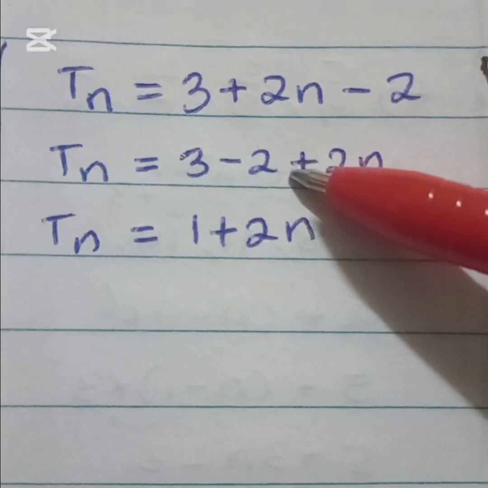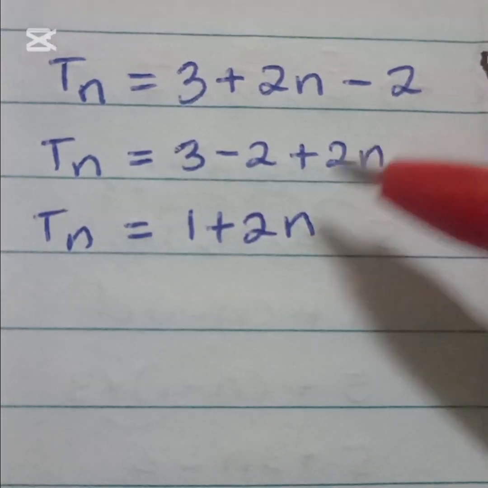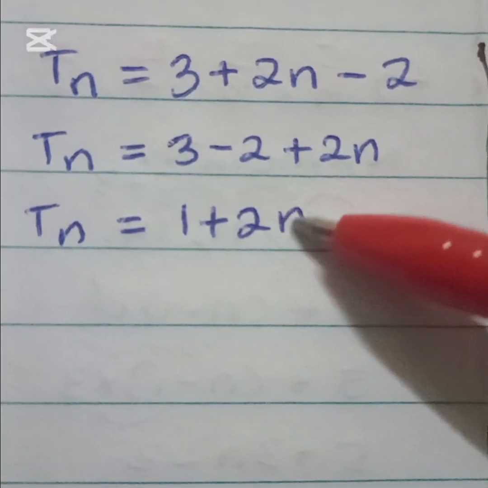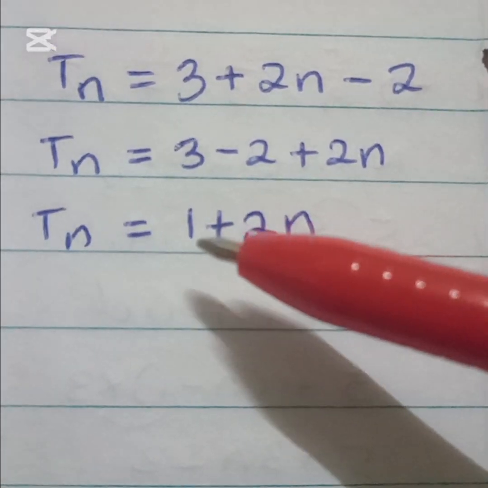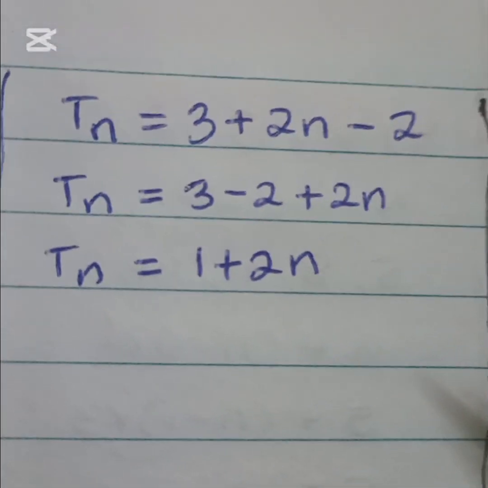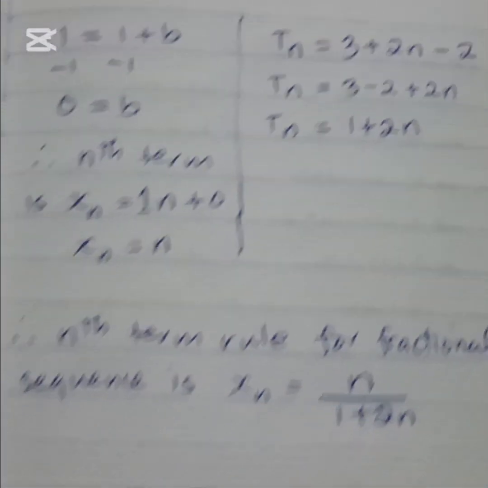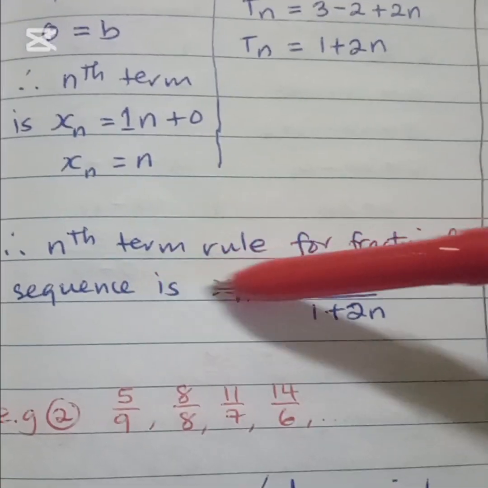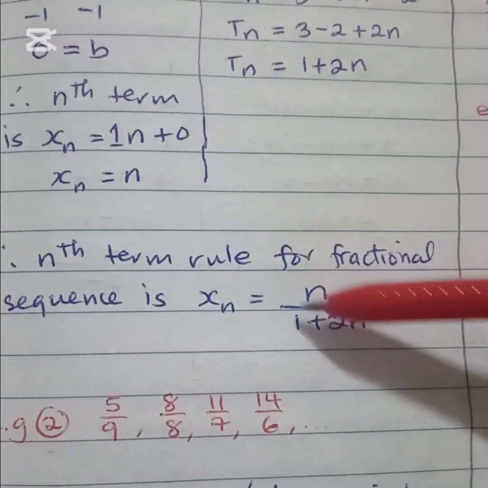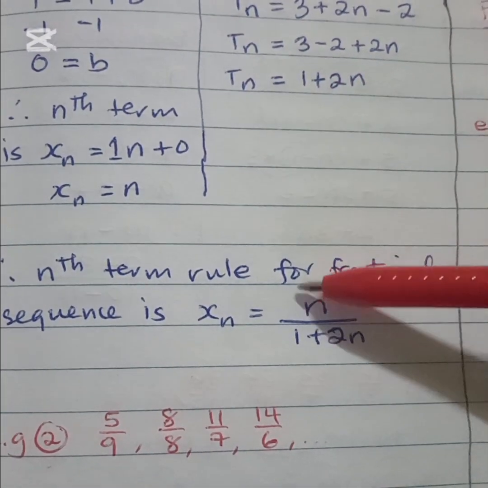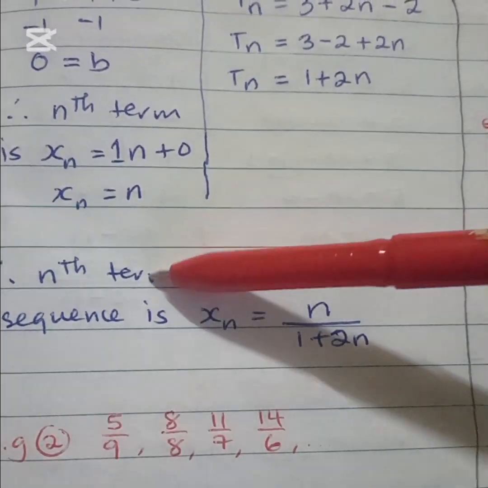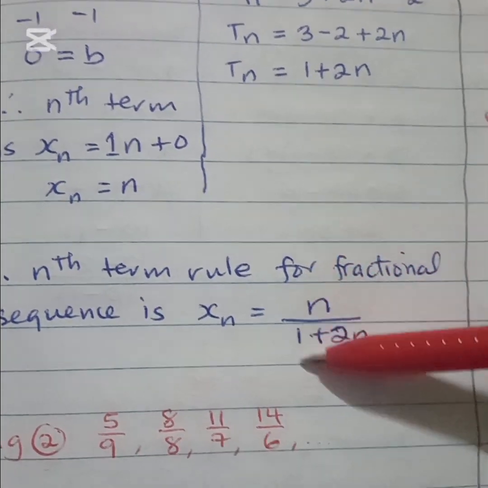So 3 minus 2 is 1, and 2n is not like 1 because it has a variable with it, so we leave it as 1 plus 2n. So combine these two together. The nth term rule for the whole fractional sequence is n for the numerator over 1 plus 2n for the denominator. So you see our nth term for a fractional sequence is a fraction.